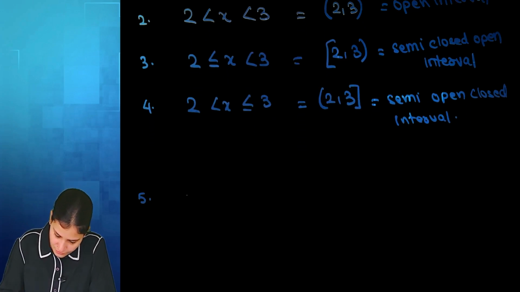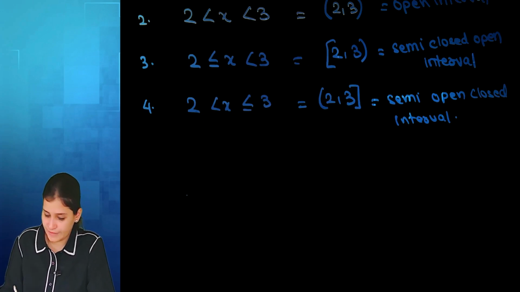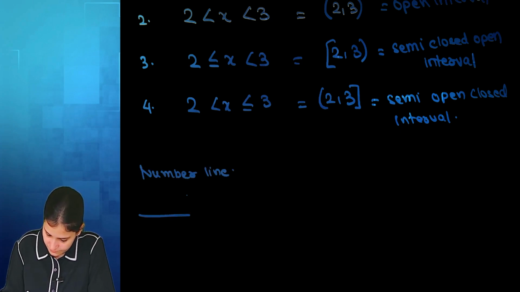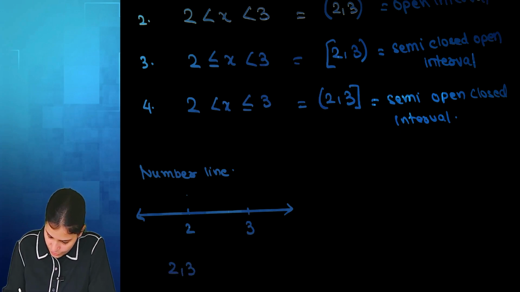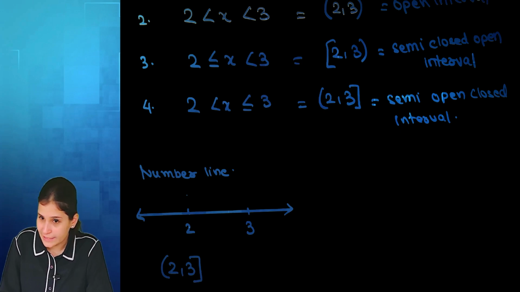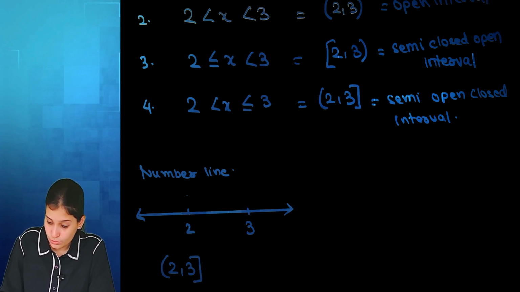Now, before moving to more varieties, if I want to plot them on a number line, say this is 2 and this is 3. I want to write 2 comma 3. So I want to take all the elements from 2 till 3. Do I want to take 2?